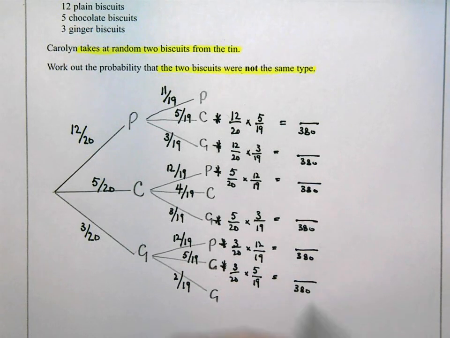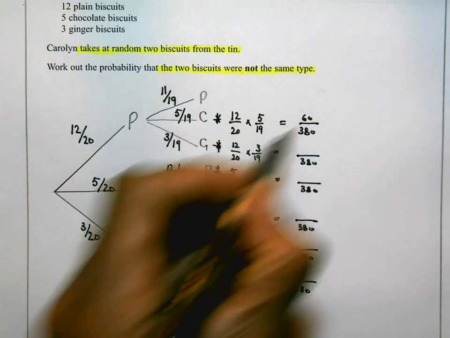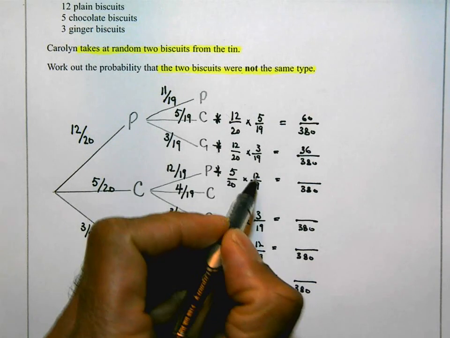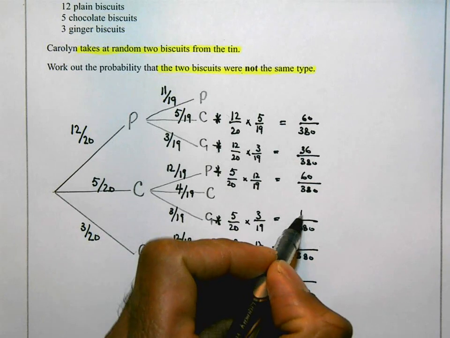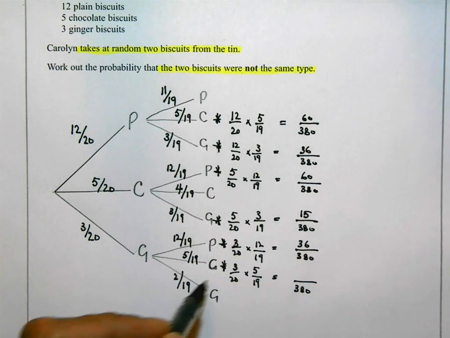Okay, so 12 times 5 is 60. 12 times 3 is 36. 5 times 12 is 60. 5 times 3 is 15. 3 times 12 is 36, and 3 times 5 is 15.